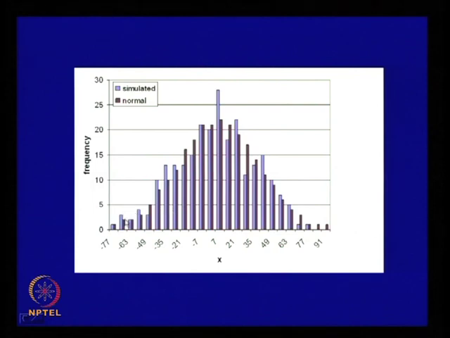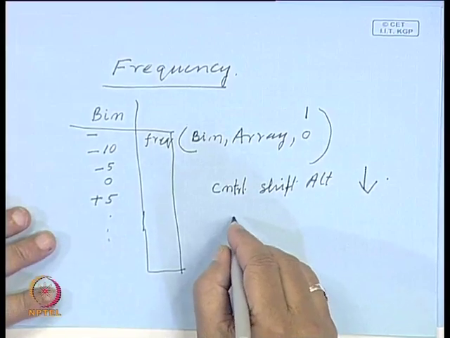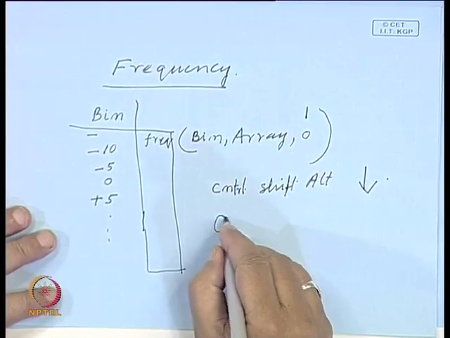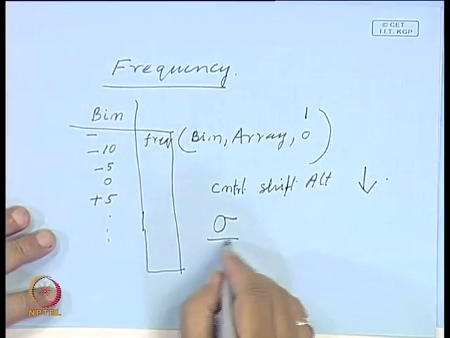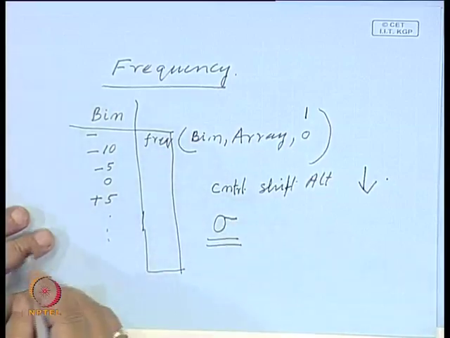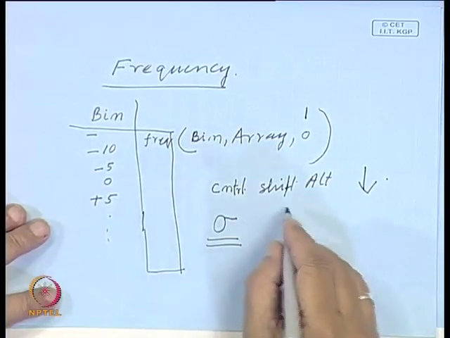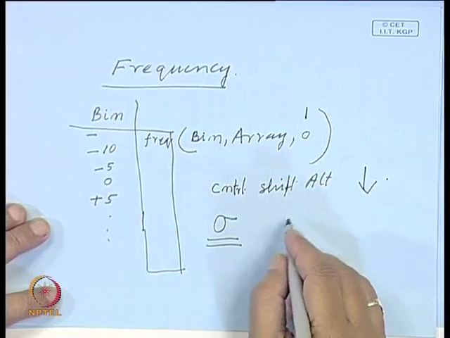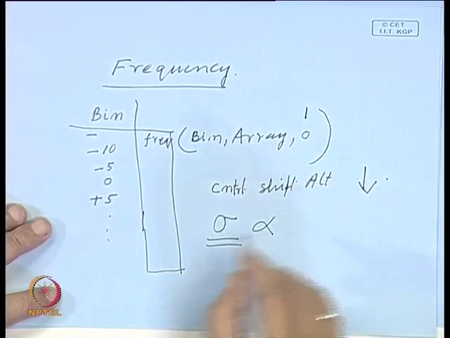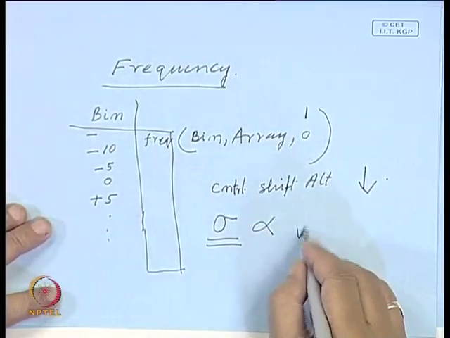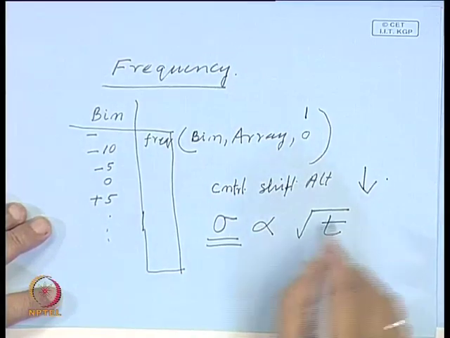So, it shows that this distribution function is very close to the normal distribution function, and in a normal distribution function, one important factor is the standard deviation sigma, and we have found that this standard deviation is actually proportional to, in this particular case, root over t.